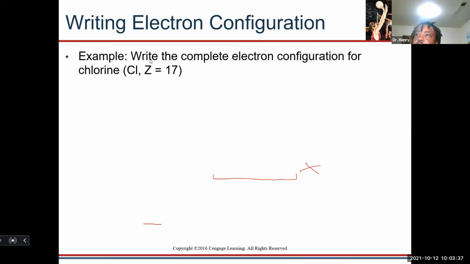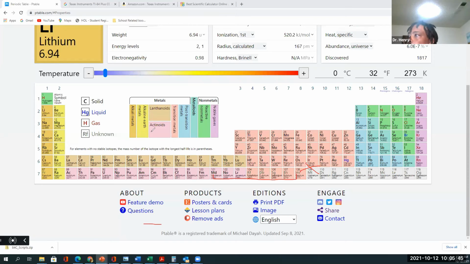So what I'd like you guys to do is write the complete electron configuration for chlorine, the long way and the short way, with the noble gas core. I'll let you guys do that for a second, and then we'll do it together. So we're doing chlorine, right? Where's chlorine located?